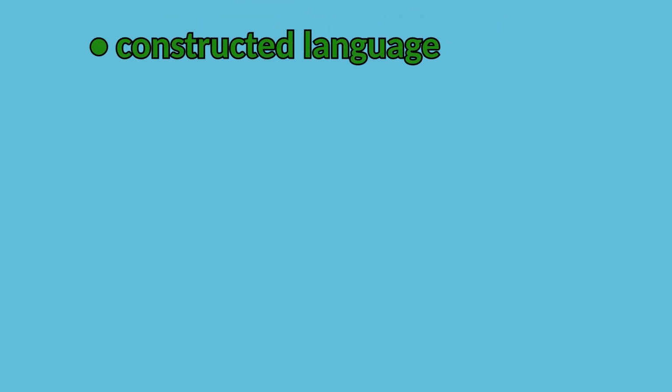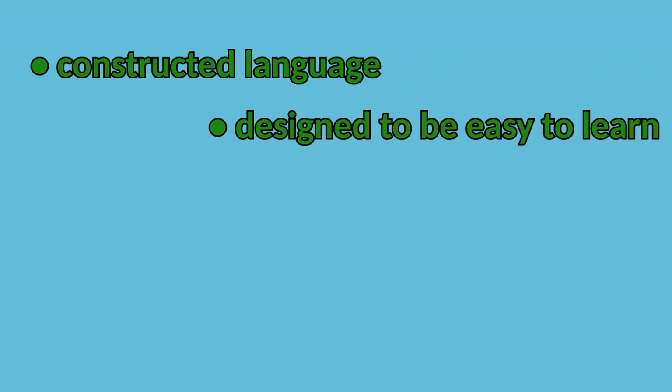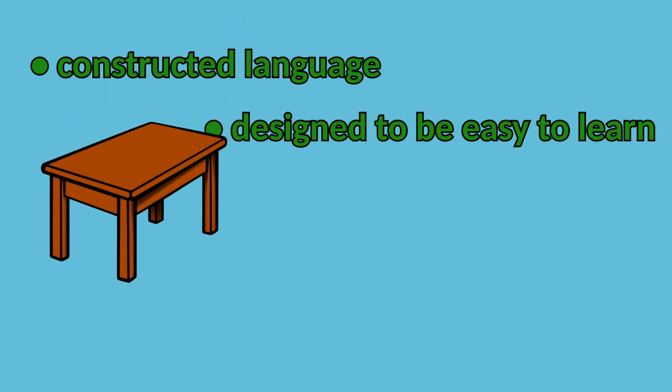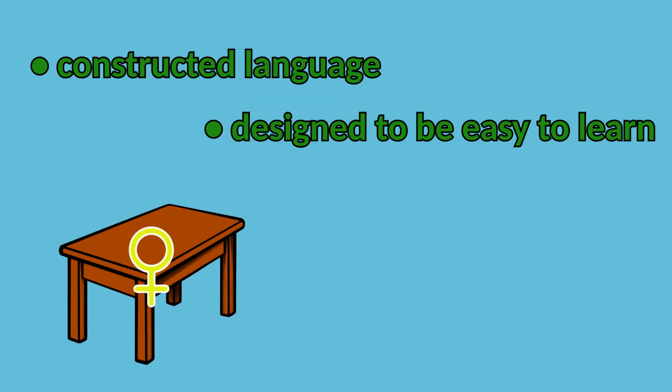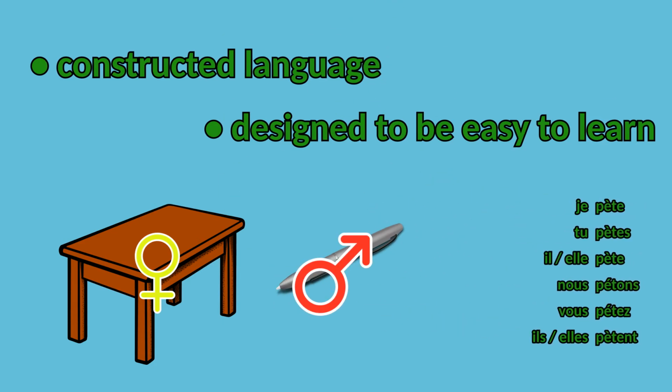So what is Esperanto? Well, it's a constructed language which is designed to be easy to learn. So what does that mean in practice? Well, I don't know if you remember learning some French in school. In French you had to learn things like a table is feminine, a pen is masculine, there's a whole bunch of complicated conjugations to learn, and if you wanted to say anything you had to know the grammar for the different tenses.